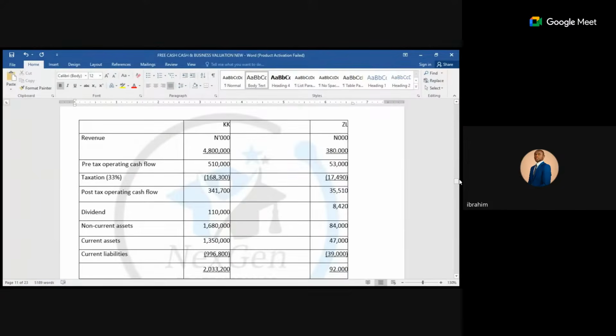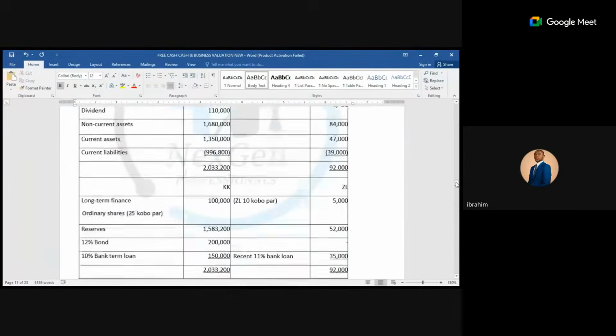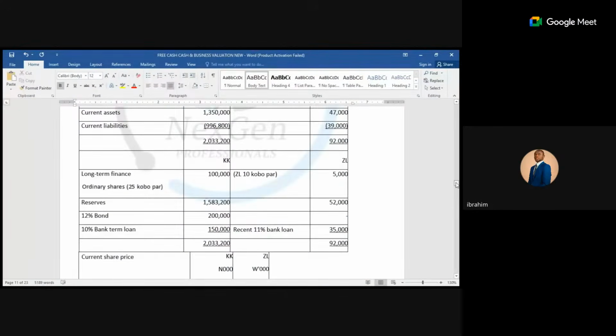What is profit after tax? 35,510. Good. So if profit after tax is 35,510, what will be the number of shares?